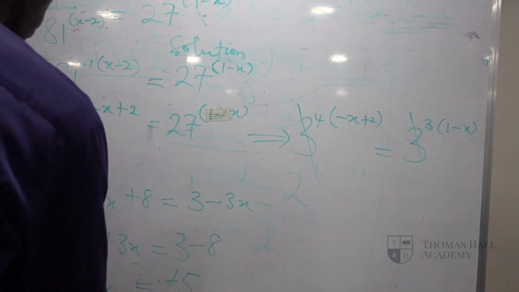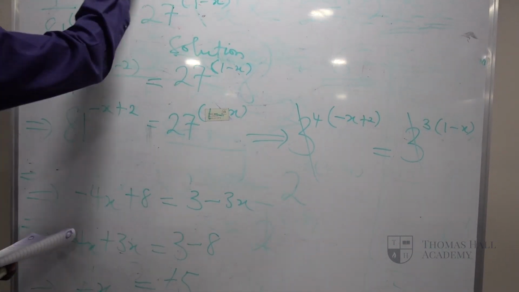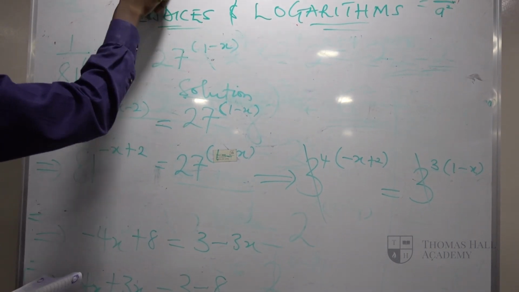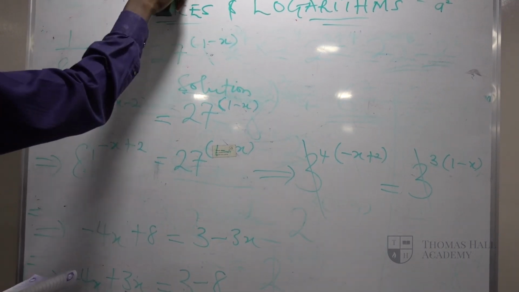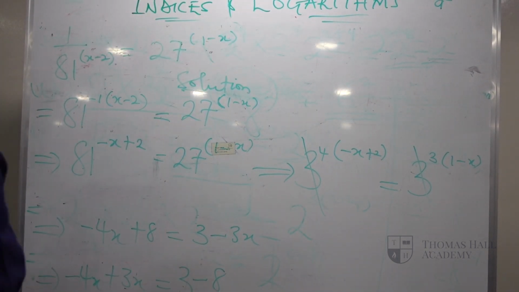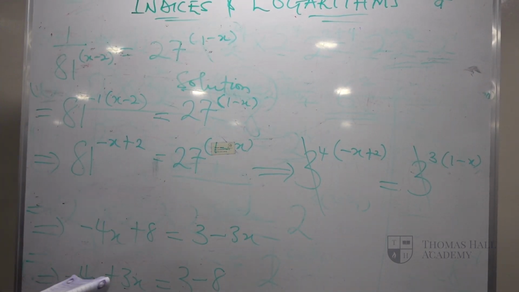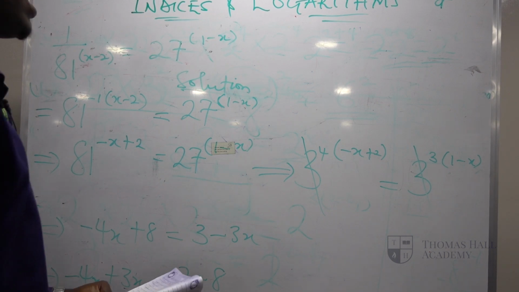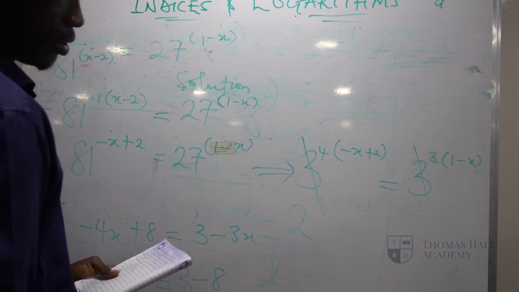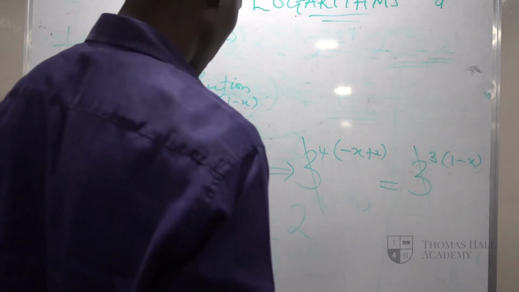And this is not difficult, but understanding the rules makes it easier. Understand that when the powers are different but the bases are the same, and the two numbers are joined together by a multiplication sign, you are supposed to add the powers and pick one of the bases because the bases are the same.